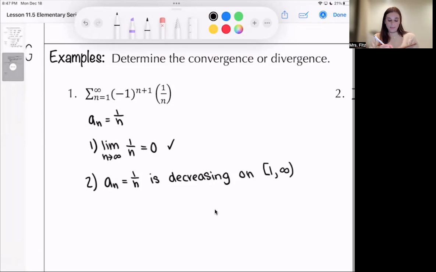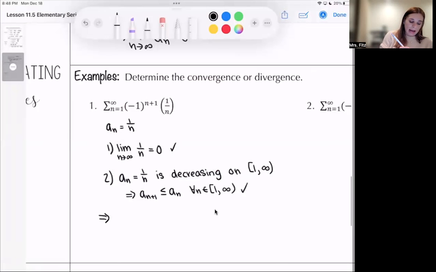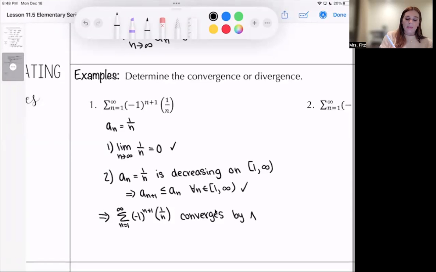So therefore, a sub n plus 1 is less than or equal to a sub n for all n on our interval from 1 to infinity. So check. That second condition is met. And so therefore, what we can say is the sum from n equals 1 to infinity of negative 1 to the n plus 1 times 1 over n converges. And a lot of times they'll abbreviate alternating series test as AST.